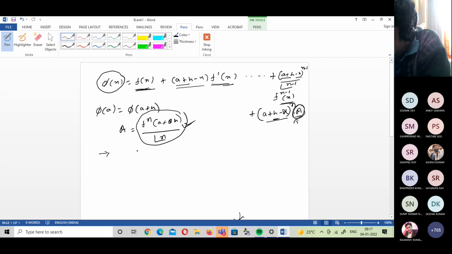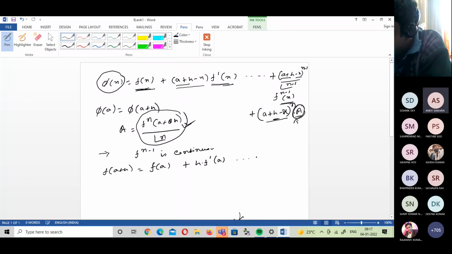Your condition is given, f^(n minus 1) is continuous. No, sir, I am asking about the generalized MVT. There is some problem in that I want to ask. F of a plus h equals f a plus h into f dash a, in this way, h to the power n by factorial n. Here we are expanding f dash a plus theta h.